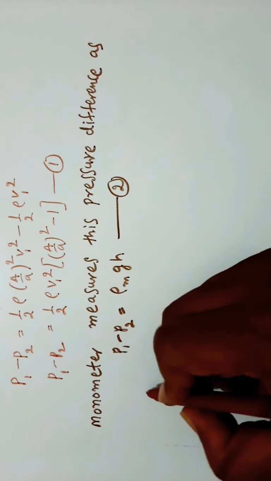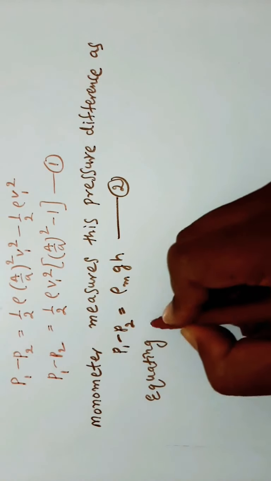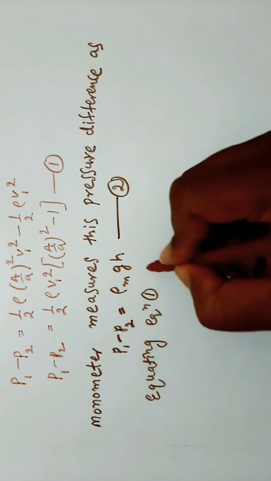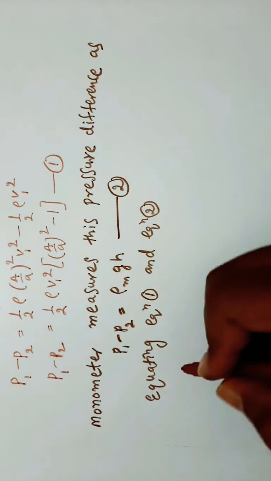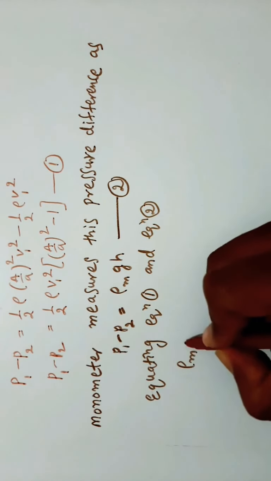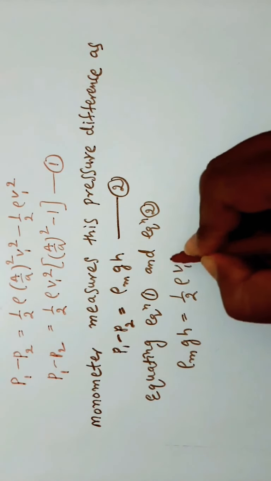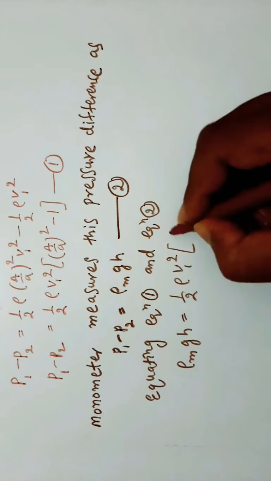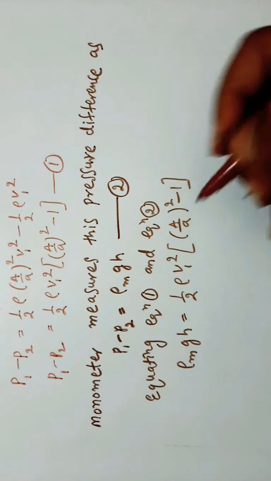So equating equation 1 and 2, we get rho m g h is equal to 1/2 rho V1 squared into ((A/a) whole squared minus 1).